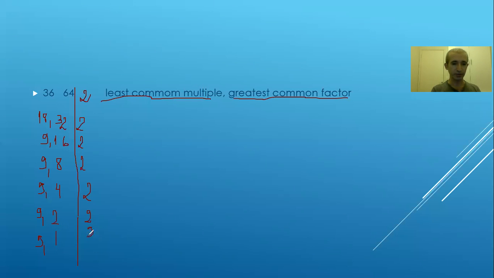And now divided by 3, 9 divided by 3, we get 3. And 3 divided by 3, we get 1 and the 1 in the end.